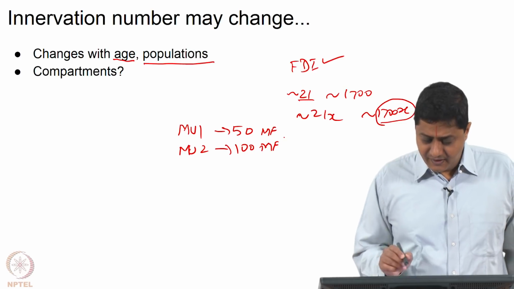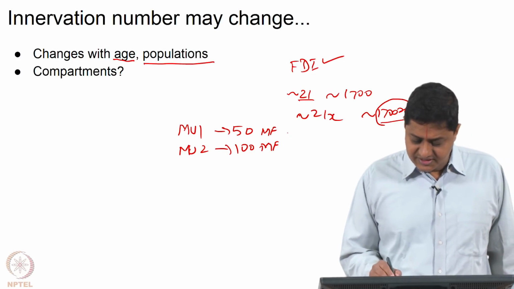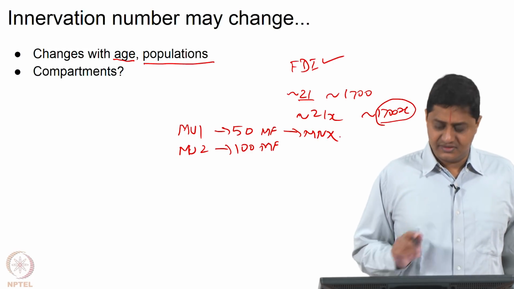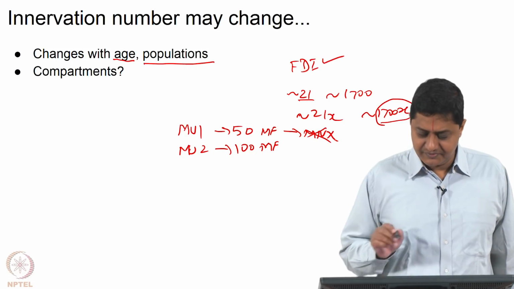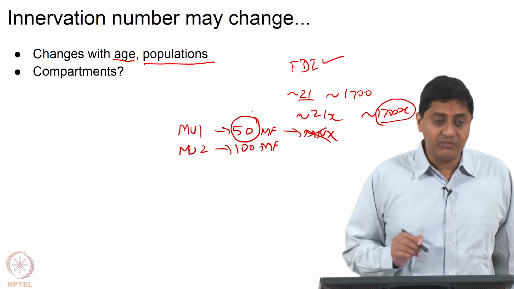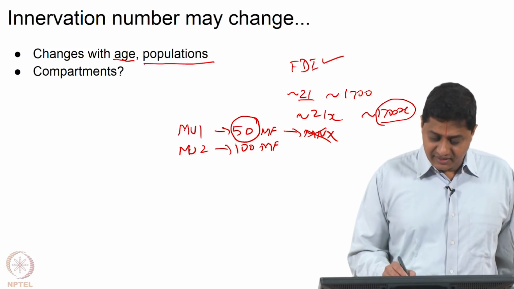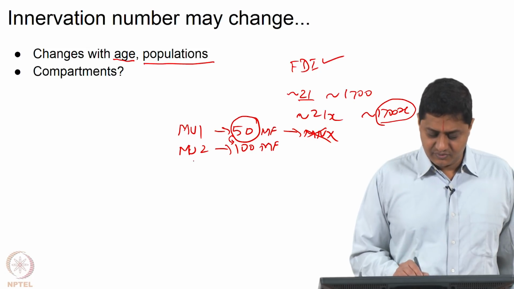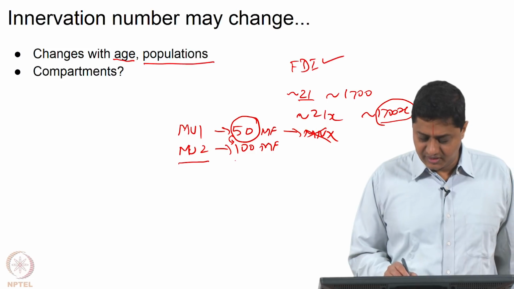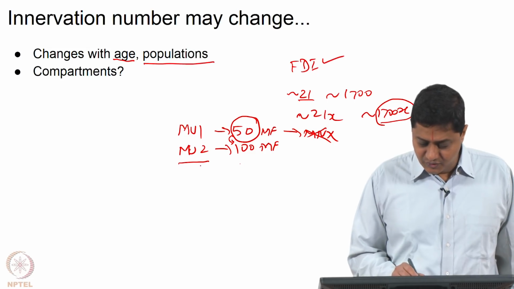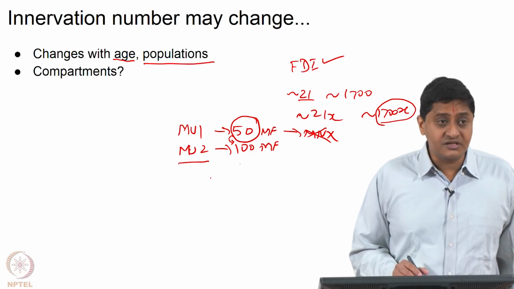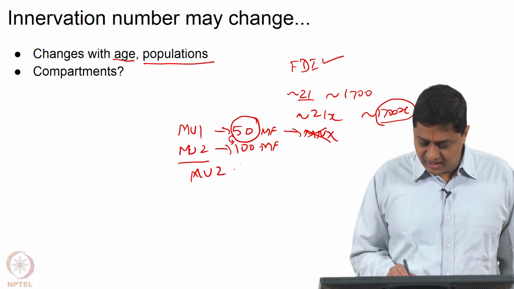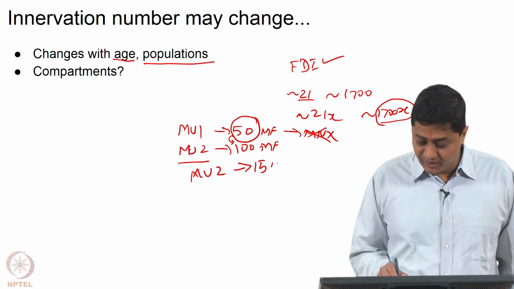Now, this motor neuron is dead, it is not functional. So, these 50 have become orphans, and they are innervated by this motor neuron, MN2. So, what will then be the innervation number for motor unit 2? Motor unit 2 will have a new innervation number of 150.